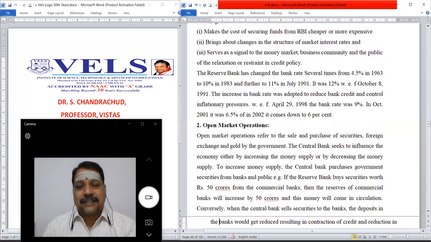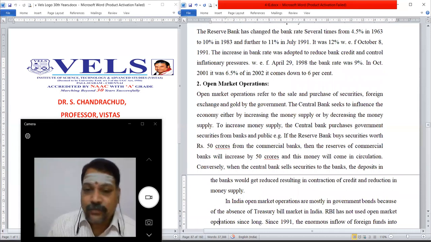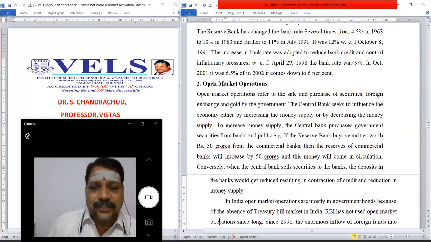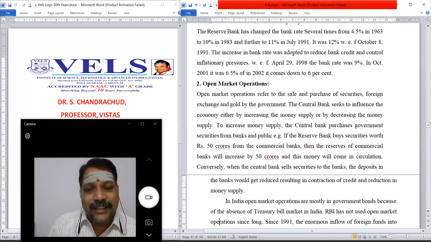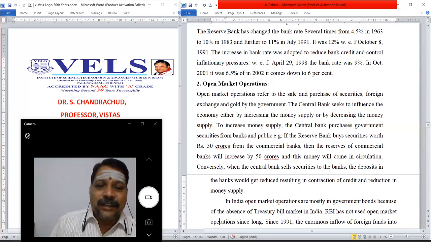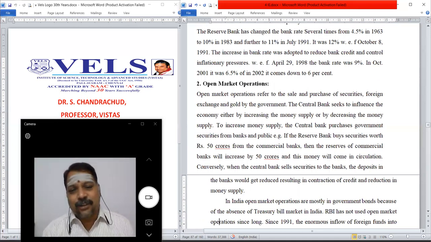And the second one is the open market operation. The open market operation refers to the sale and purchase of securities or foreign exchange or gold by the government. The central bank seeks to influence the economy either by increasing or by decreasing the money supply. To increase the money supply, the central bank purchases government securities from the banks and public.